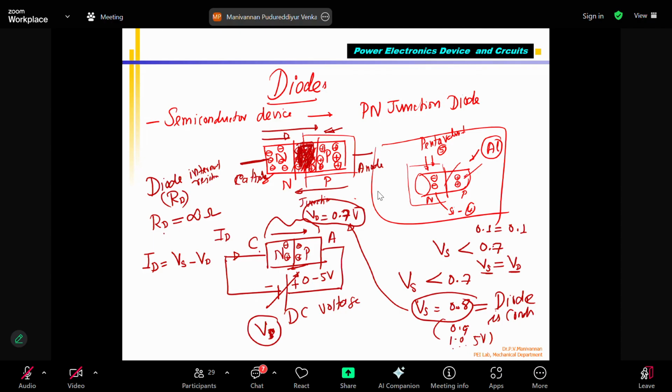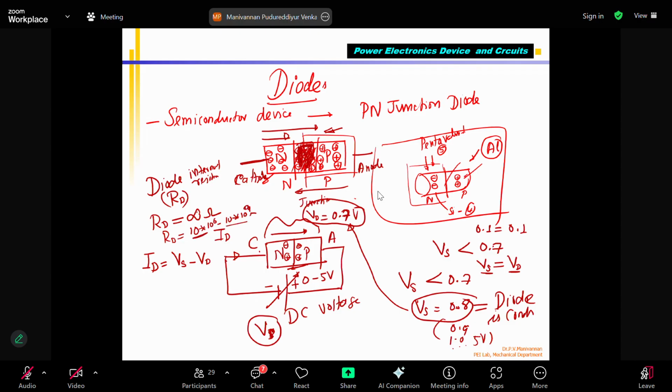But in practical diodes, RD will be in the order of 10 into 10 power 6 to 10 into 10 power 8 ohms, correct? This is generally giga ohms in practice.